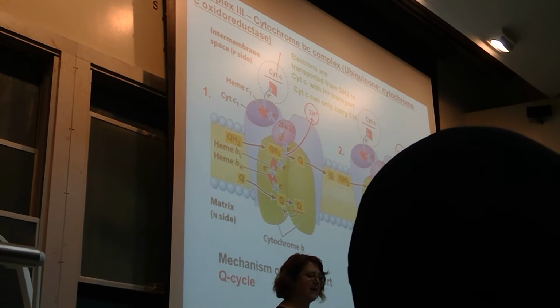Meanwhile, because this is actually donating, it's being converted to Q. One electron's going up, one electron's going down, so the QH2 here is going to Q, and then QH2 is being regenerated through this other site. So these are two separate sites, the N and the P.